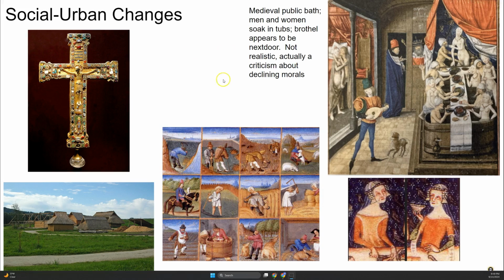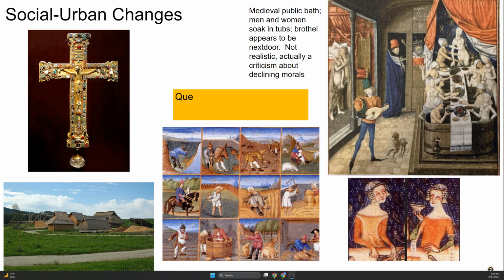In this time period, we're going to see women viewed mostly as second-class citizens, if not worse. And this is going to be a continuing theme, unfortunately, for the next several centuries. This idea of women's role in society, what place should women have in society, should women have rights, is going to be a constant theme in this course. And there's a French term for it called the querelle des femmes.